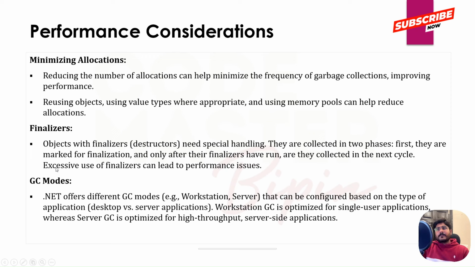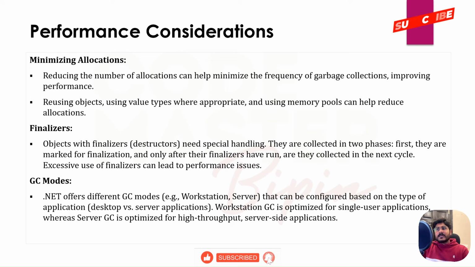Finalizer means whatever unnecessary objects we are using in our application, we can destroy those objects using the finalizers. Finalizers are nothing but the destructor in the application. So whenever you create a class, you can define the destructor there, and whatever unused objects are there, you can just kill them from that destructor. GC modes: there are two kinds of GC modes you would see.